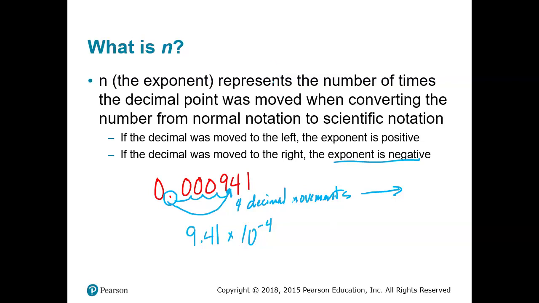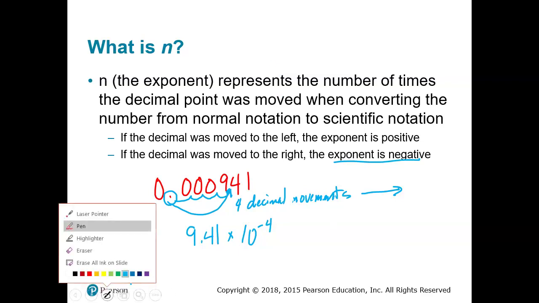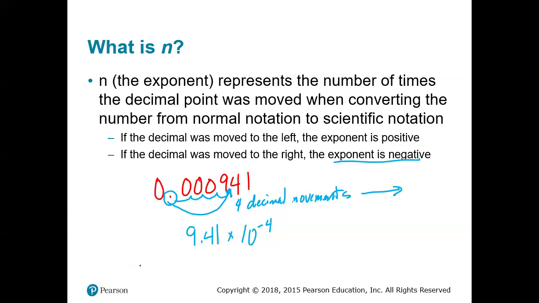Now, if I have a number that's already in scientific notation, so let's say I had 9.79 times 10 to the sixth, I would be reversing the process here. Positive numbers mean I'm going to have to move it to the right. Negative numbers mean I'd have to move it to the left.